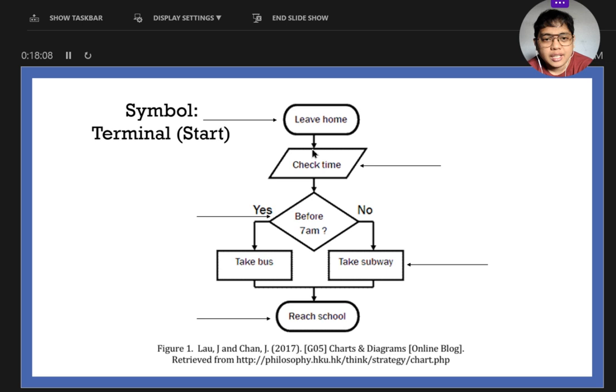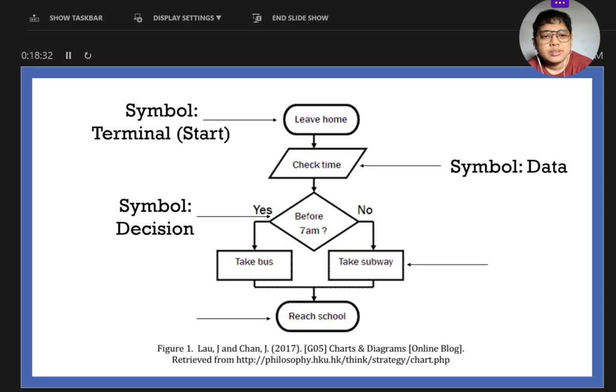Then we use this arrow to show the next flow. For the next step, we use the data symbol, which is used to retrieve the input data, whether it is 7 a.m. or past 7 a.m. Now the next symbol is the decision symbol.